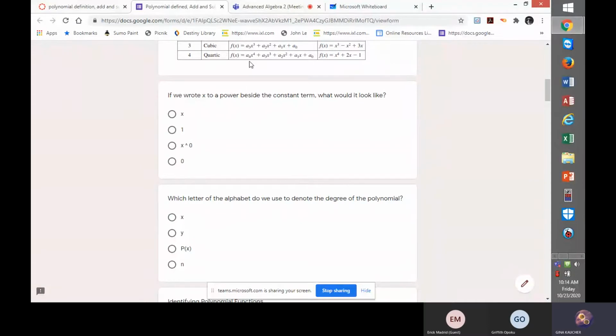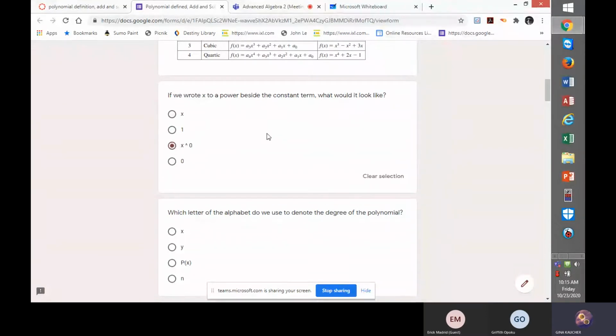If you look at the pattern, quartic is a degree of 4. So you have x to the 4th, x cubed, x squared, x without a power, so that would be 1. So what would go here? X to the, what power would it have to be? 0. It has to be x to the 0.